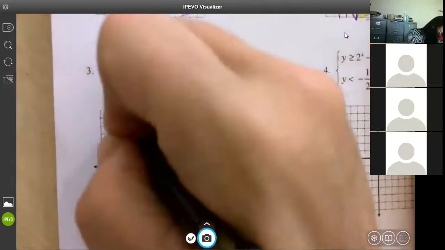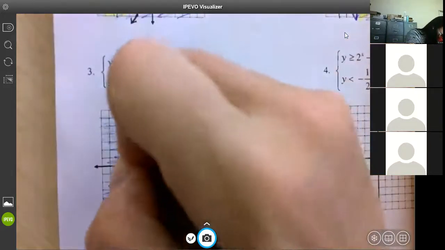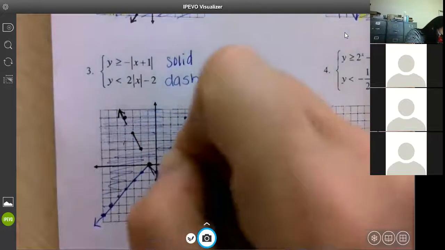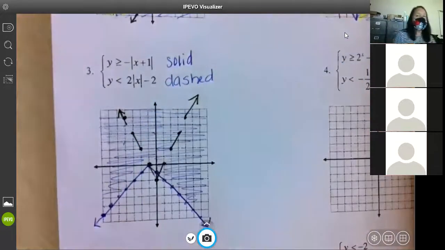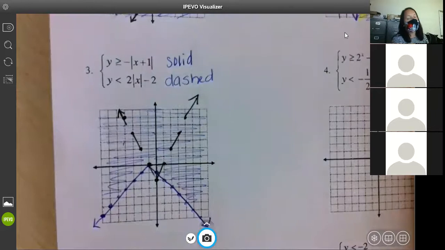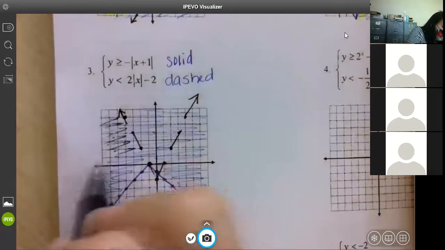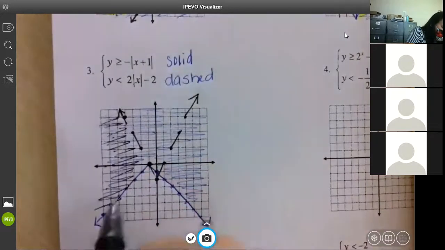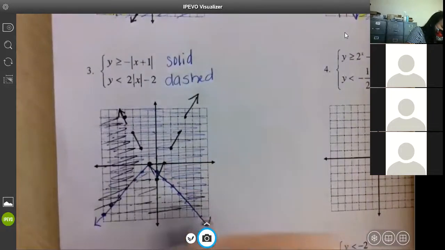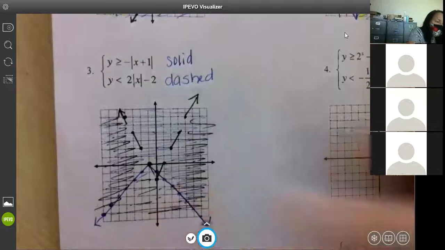It is dashed. I do this one just like the linear. And I skip. And then it says less than, so that's below the V. And this one actually has 2 places.